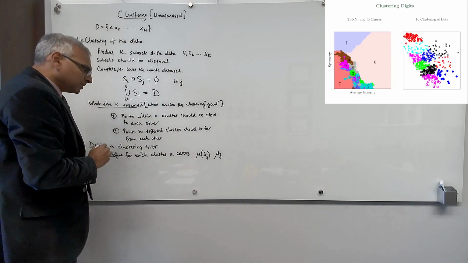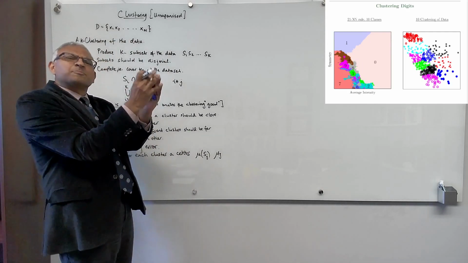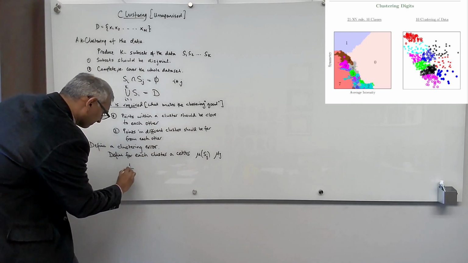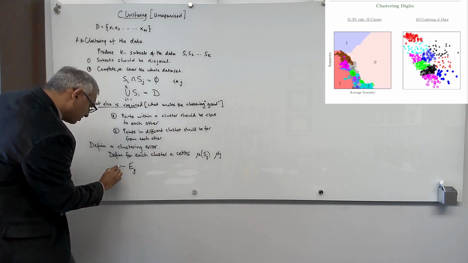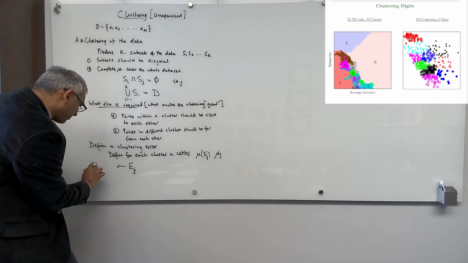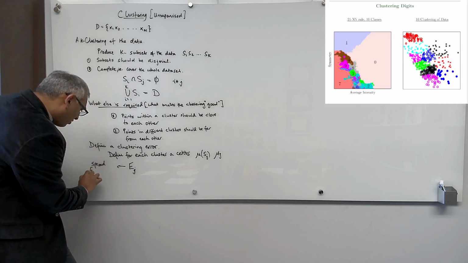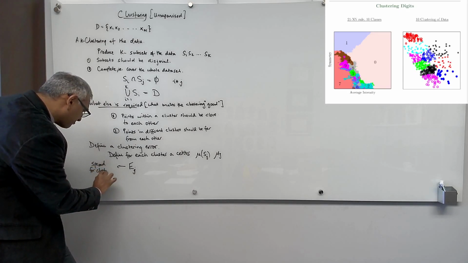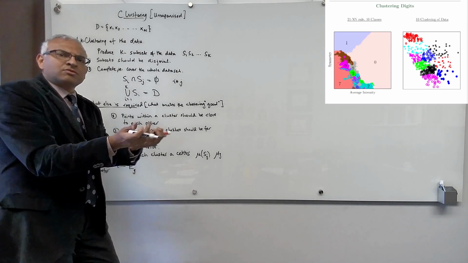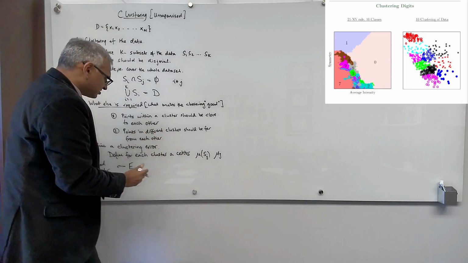Then we can define the error, the spread of cluster J, Ej. Think of it as the spread for cluster J. It is just the sum of the squared distances to the center.